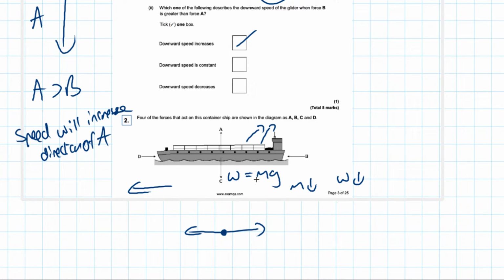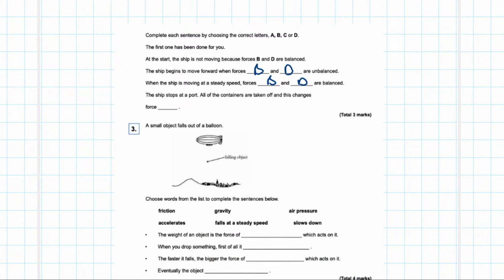A is the opposing force that should be balanced, otherwise the ship will take off or sink to the bottom. So in this case, A will also reduce when the containers are taken off. So you could use either A or C in this answer.